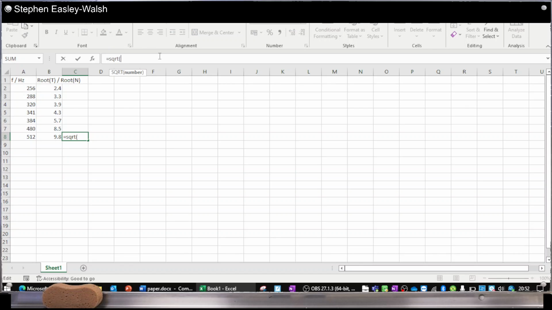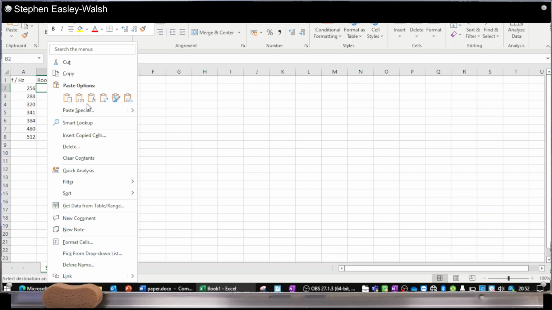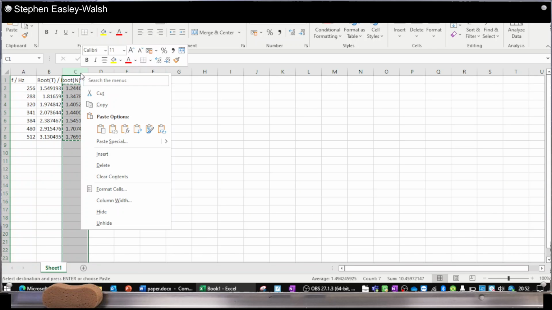I'm in trouble typing square root. Okay, there's all the square roots, so I'll just get rid of that. Okay, delete that.